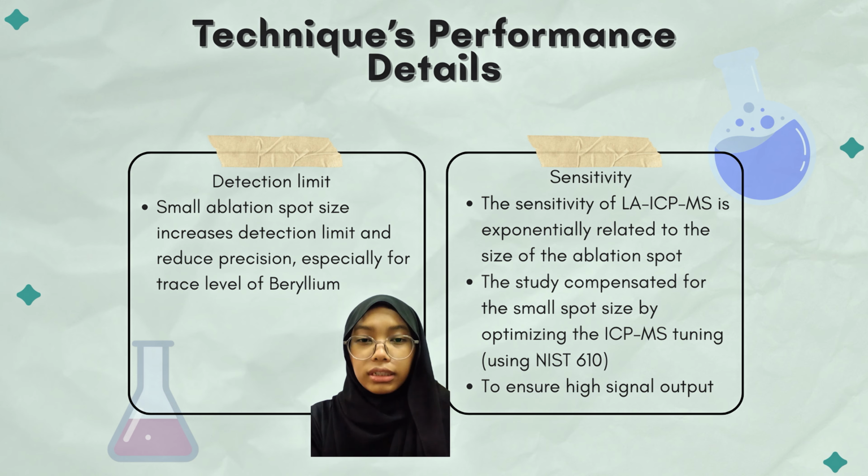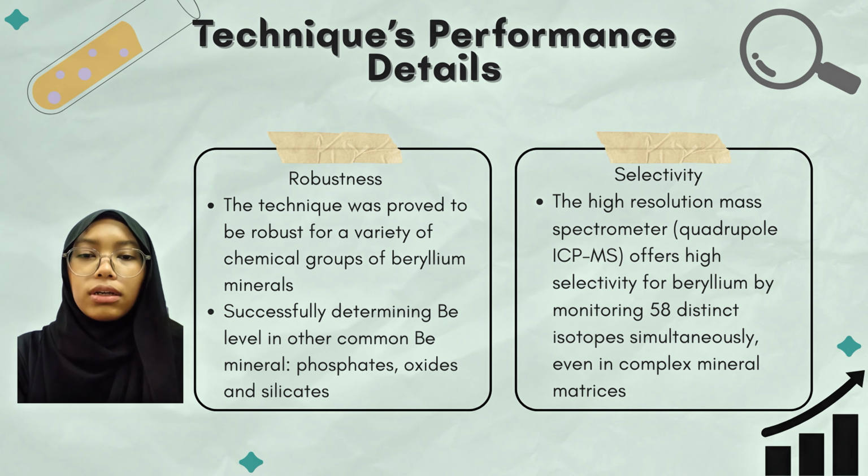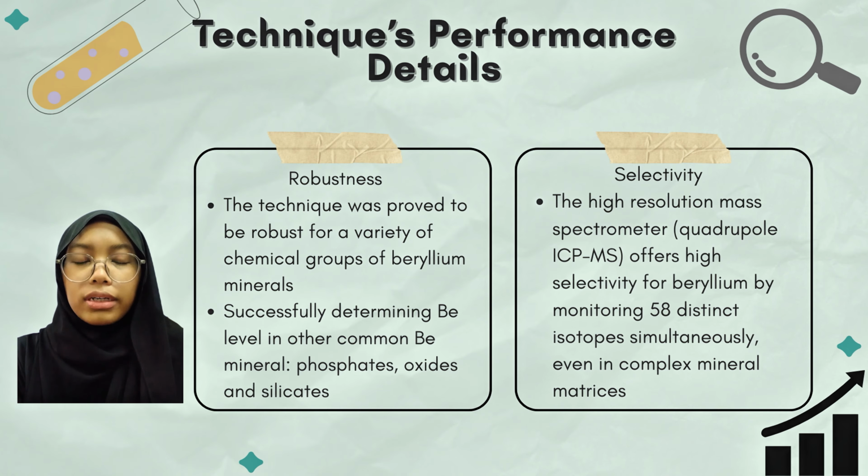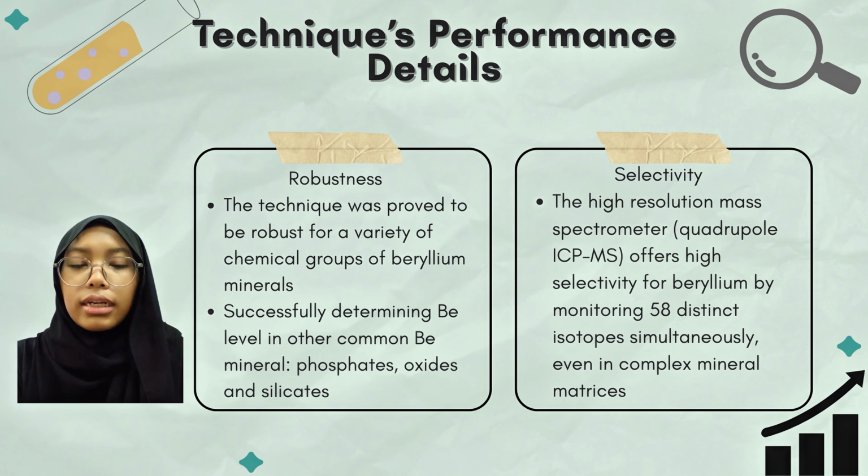The study compensates for the small spot size by optimizing the ICP-MS tuning using NIST 610 to ensure high signal output of the results. The LA-ICP-MS technique was proved to be robust for a variety of chemical groups of beryllium minerals. This is because this method has successfully determined the beryllium level in other common beryllium minerals such as phosphates, oxides, and silicates.